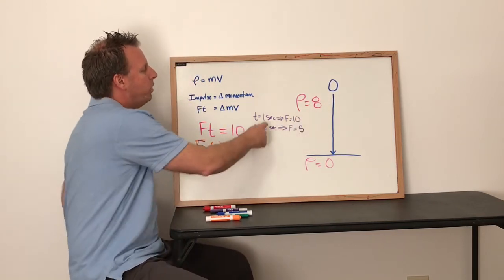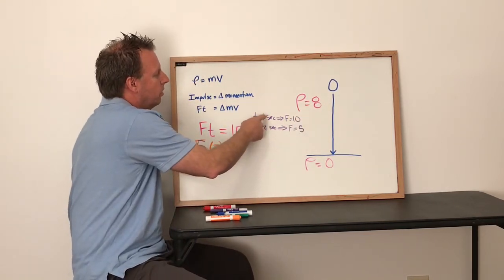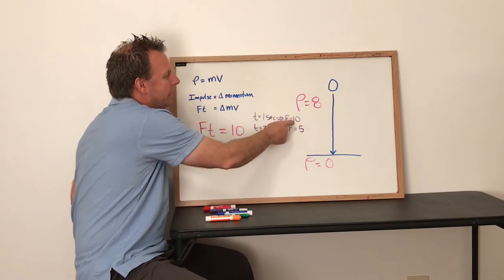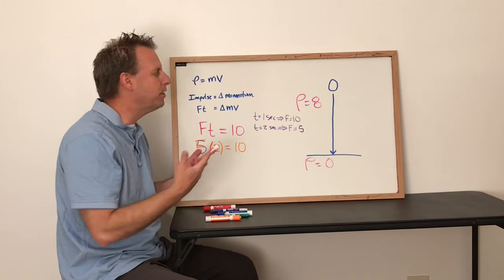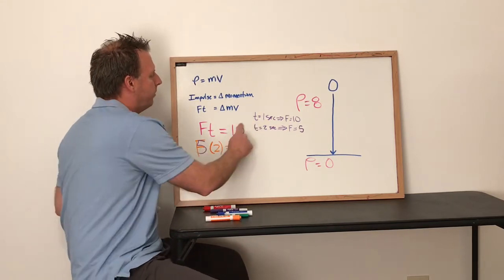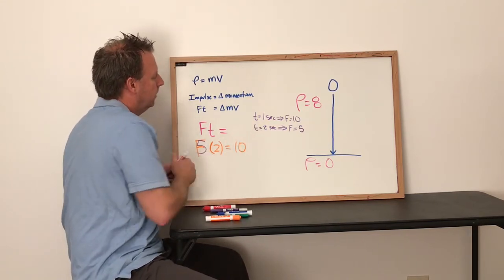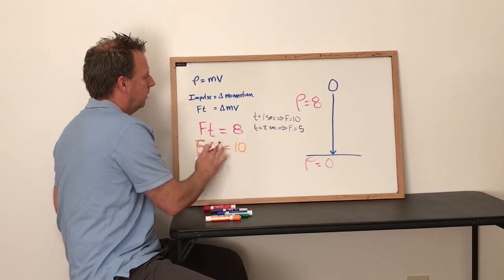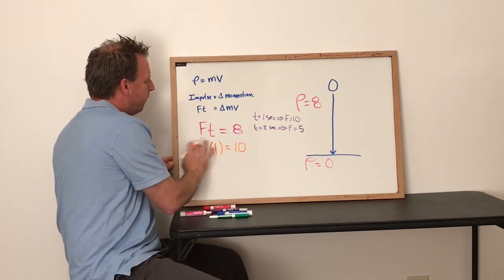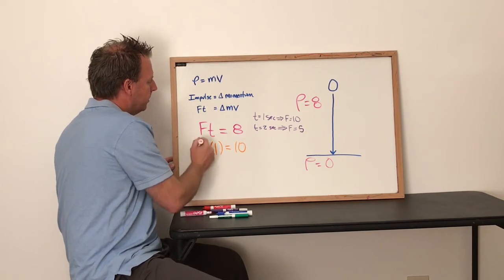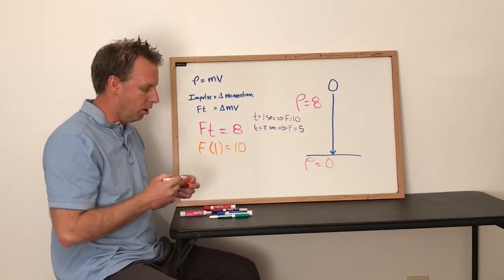Well, then, even with 1 second, 1 times 8 would be 8, and so our force would be 8, right? If I start with a lower number to begin with, right here, then obviously the force that it experiences is going to be less. So how do I do that?